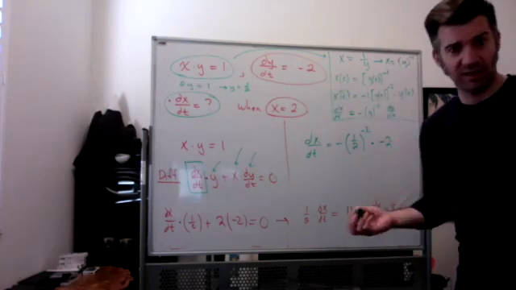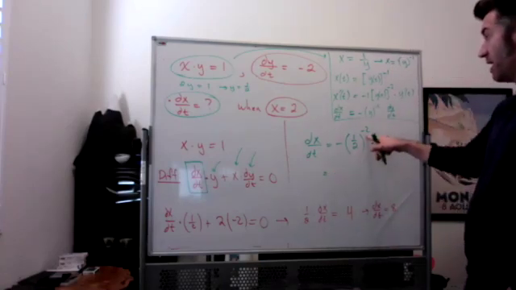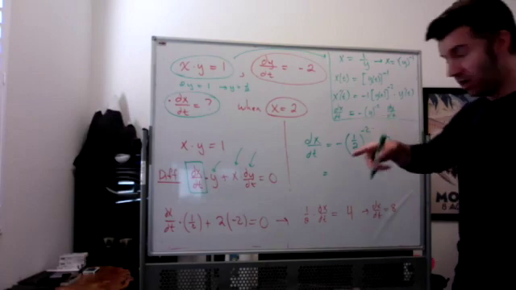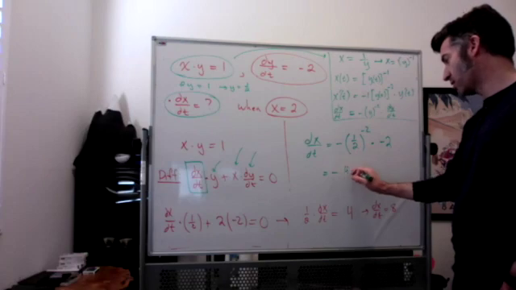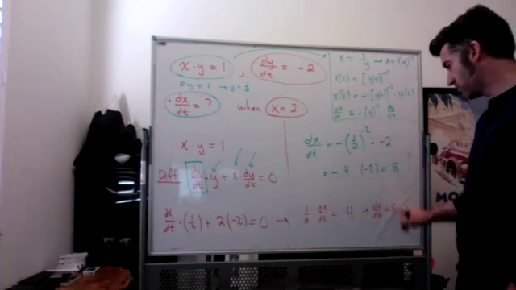Okay, hopefully this works out the same. It should. 1/2 to the negative second, so 1/2 to the negative 1 is 2, right? It's the reciprocal. And then 2 squared is 4. So I get negative 4 times negative 2, which is positive 8. Same answer.